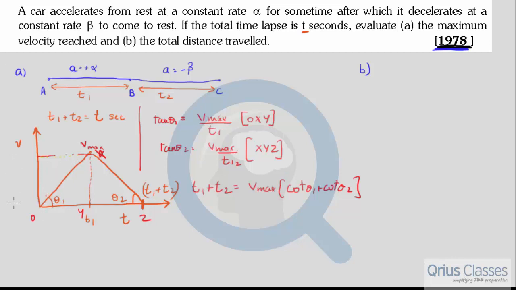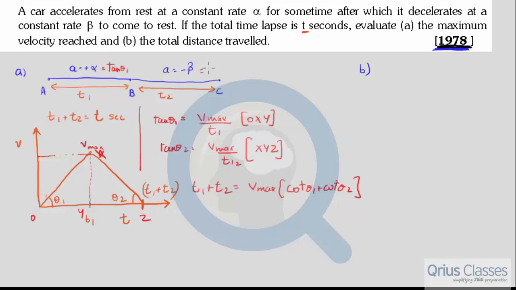Now, tangent of theta 1 is nothing but the slope of the VT curve in the first half, and the slope of the VT curve is given by acceleration, so tan theta 1 is alpha.